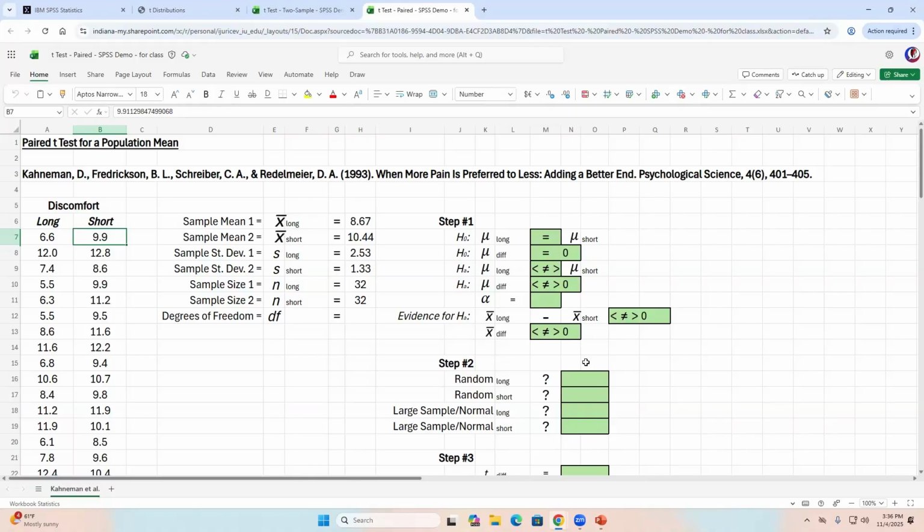If somebody came in after getting a raise at their job and they're feeling euphoric, they're going to be euphoric in both conditions. If somebody just had the worst day of their life, they're going to have the worst day of their life in both conditions. It works out both ways. It's powerful because they act as their own control.